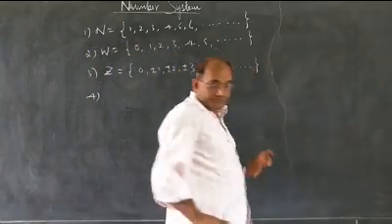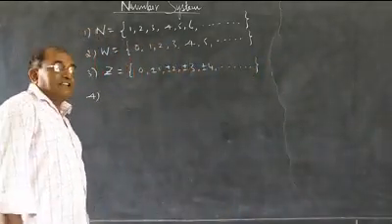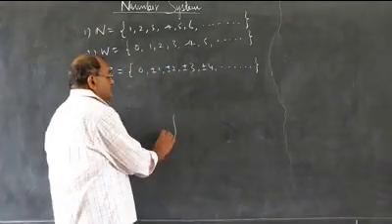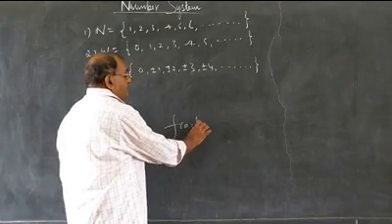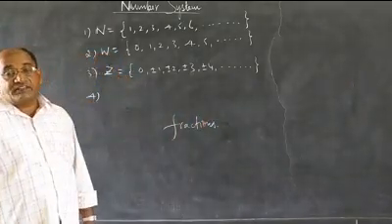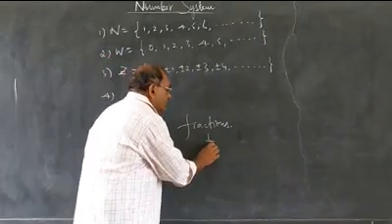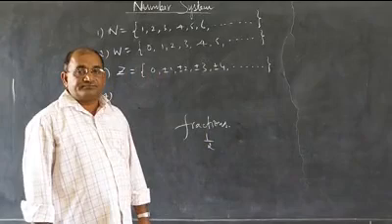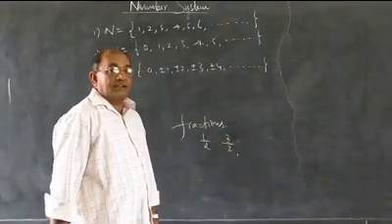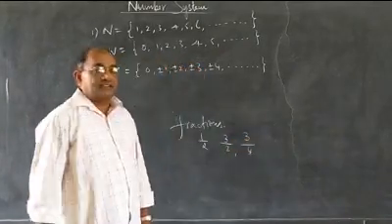Dear children, in the lower classes, 5th standard, 6th standard, we have learned about fractions. And you may know so many examples of fractions. Say 1 by 2, it is a fraction. 3 by 2, it is a fraction. 3 by 4, it is a fraction.